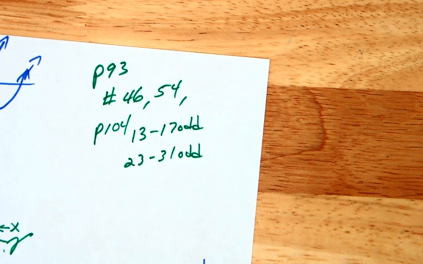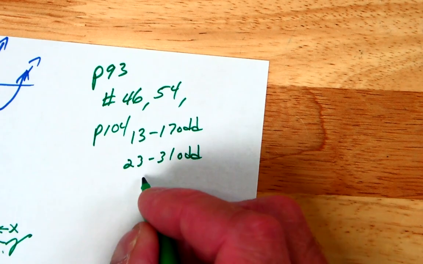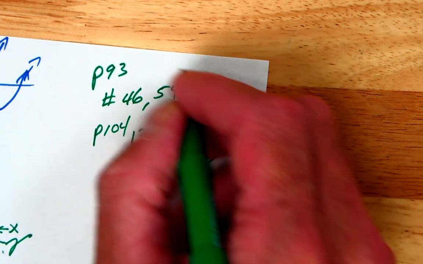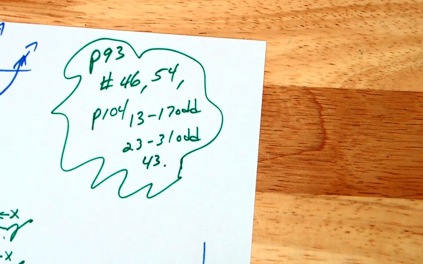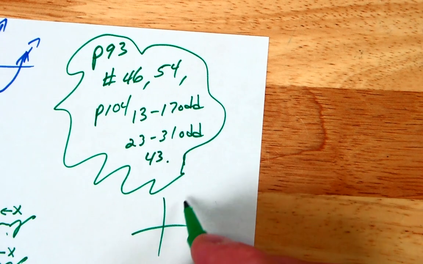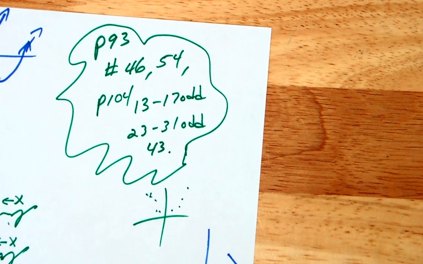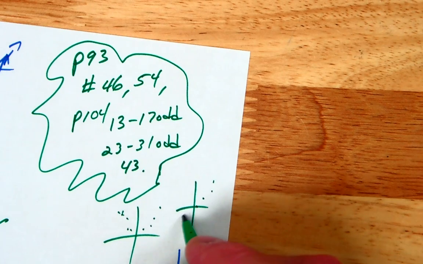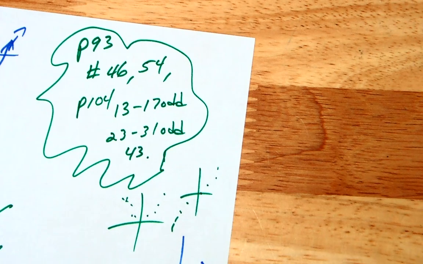And I'm going to give you a challenge problem. 43. Actually, I'm going to remove the challenge problem label. Do a scatter plot, figure out what it looks like, and if it's a quadratic, do a quadratic regression. If it looks like a cubic, do a cubic regression. Okay? Look at the scatter plot and then go from there.